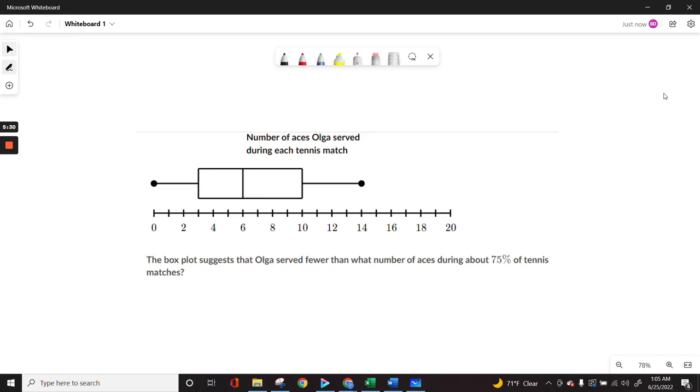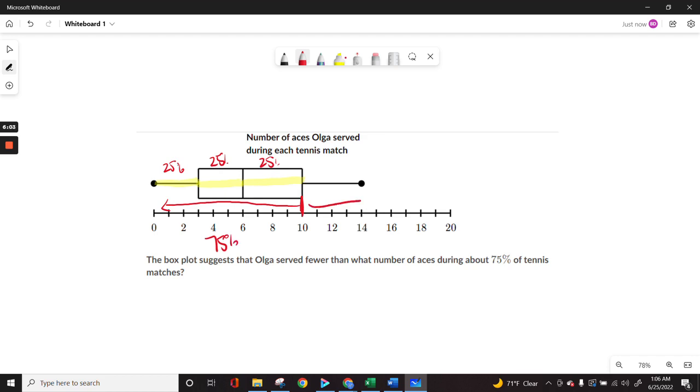So let's look at this question. It says the box plot suggests that Olga served fewer than what number of aces during about 75% of tennis matches. So if I think about 75%, that's 25, 50, 75%. So I'm going to mark it again, 25%, 25, and 25. So from 10 down would represent 75%.